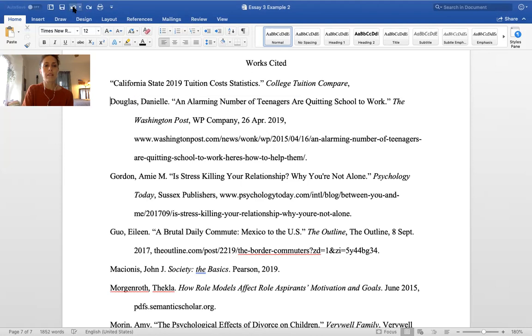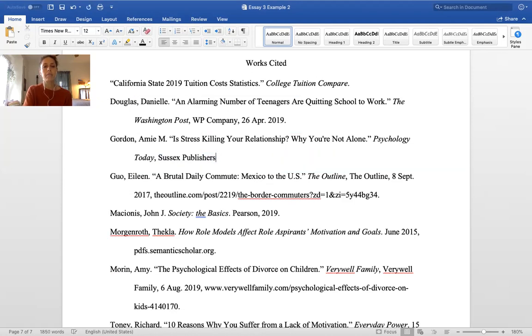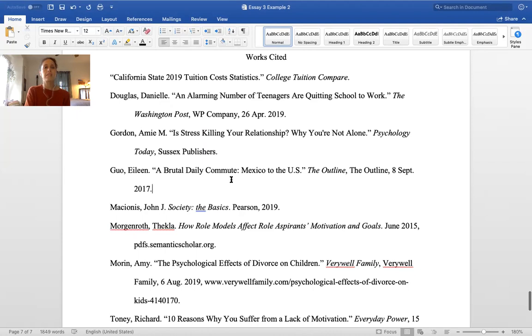And so that could just look like this. That's totally up to you guys. I think it looks a little nicer without the websites, but EasyBib will give you the website. Don't delete important information, but EasyBib will give you the citation with the website, so leave it if you want to.